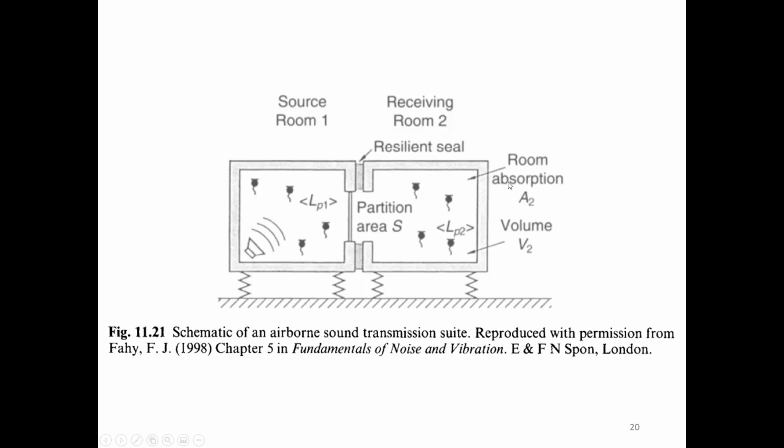The room absorption in here is critical. For noise reduction, the volume isn't critical. It's not part of the equation, but the way that this room absorption is obtained is usually by measuring the reverberation time in here, and then using the volume, you calculate the room absorption. So that's why that's shown here.